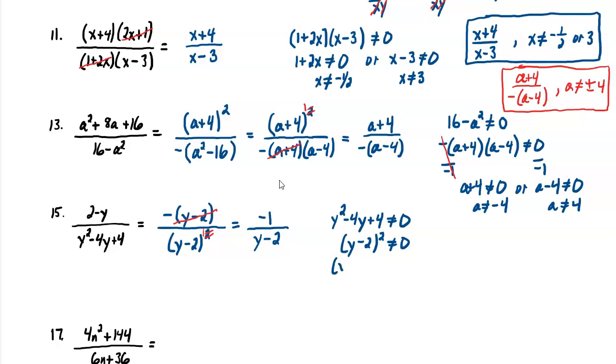It means you have identical factors, y minus 2 times y minus 2, and that cannot be equal to 0. Now, what is the value of y that is restricted? Y cannot be equal to 2. So over here on the right, I'm going to write the answer to the problem. It's negative 1 over y minus 2, comma, and the restriction is that y cannot be equal to 2.